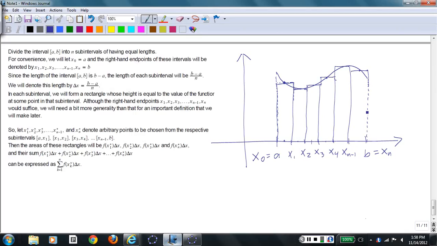If we add up the areas of those 1, 2, 3, 4, 5, 6 rectangles, it's likely not going to be exactly the area bounded by the curve and the x-axis, but it should be close. It looks like it should be close because this rectangle is going to overestimate it by this much, and that one is going to underestimate it by that much, and if those aren't far apart, they'll offset each other.